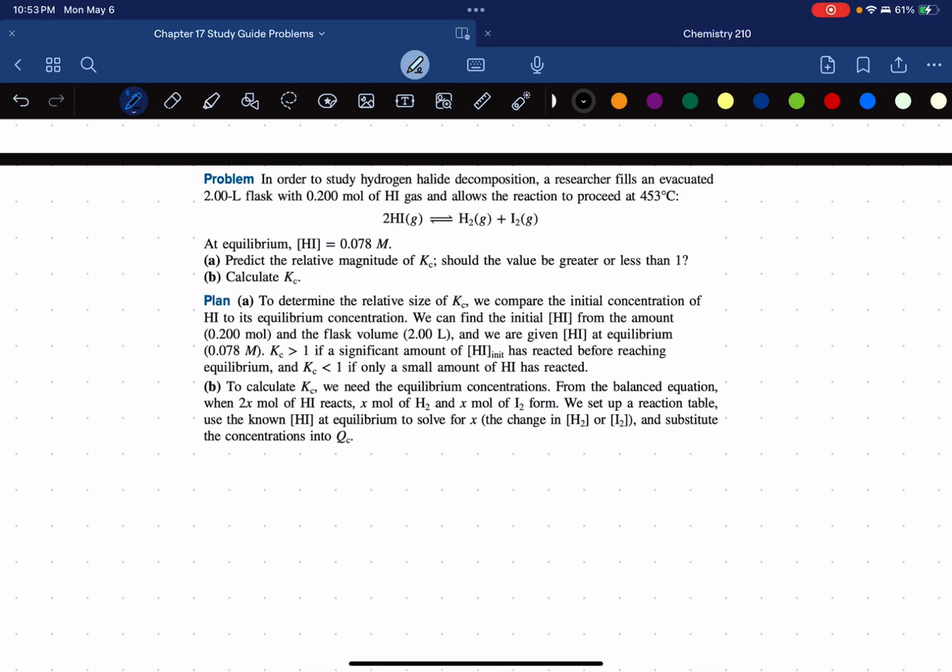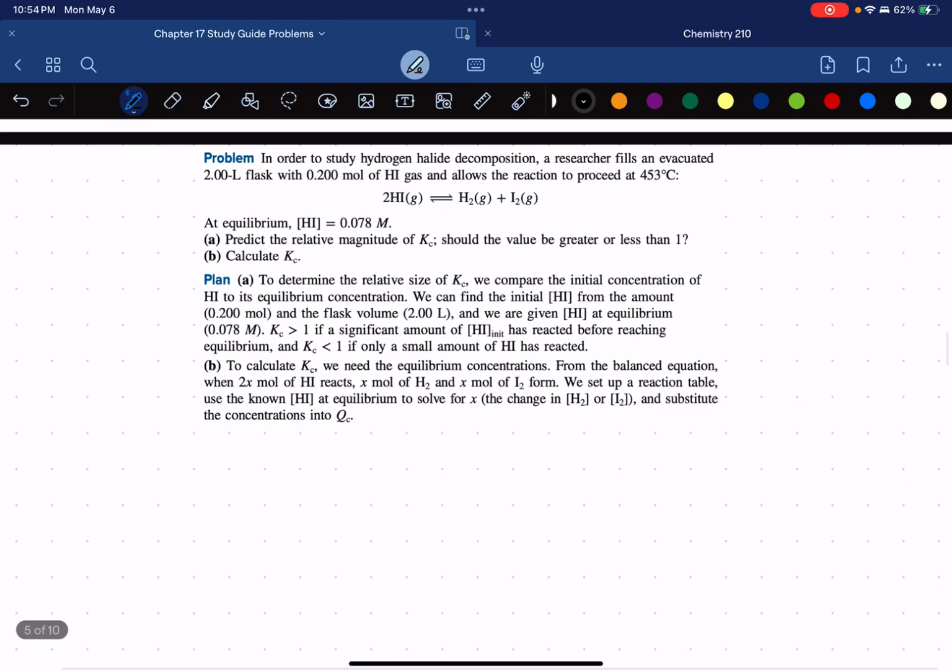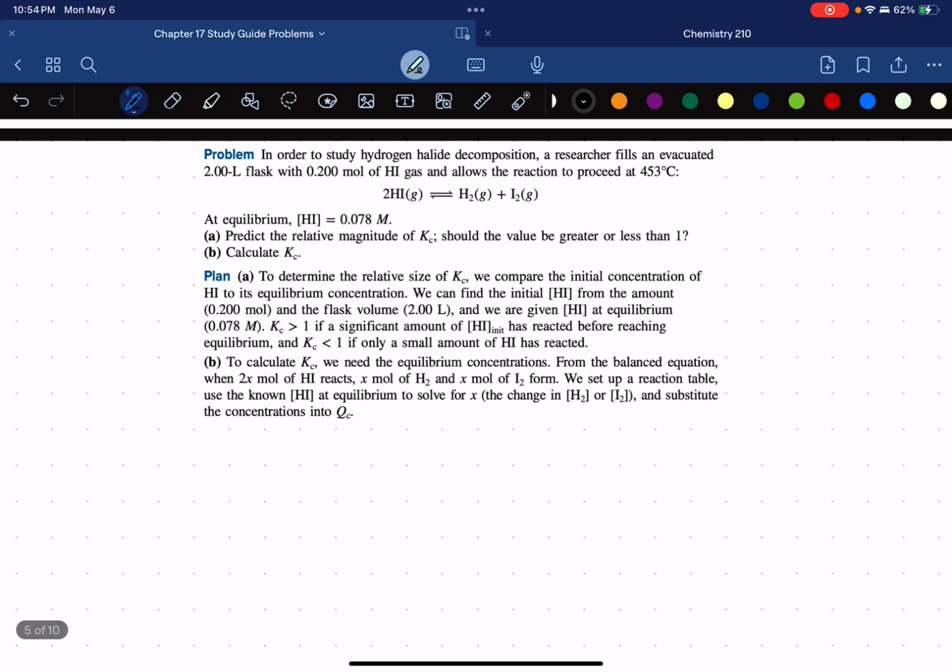In this problem, we are told to predict the relative magnitude of Kc and calculate Kc. First off, let's start with finding the concentration of HI gas. We are told how many moles of HI gas we have, which would be 0.2 moles of HI gas.